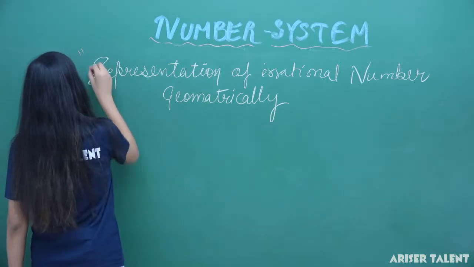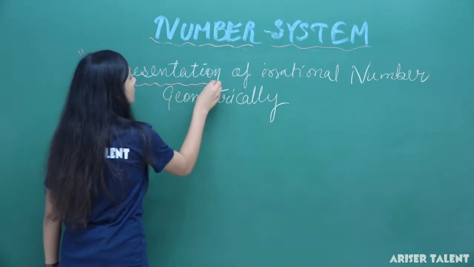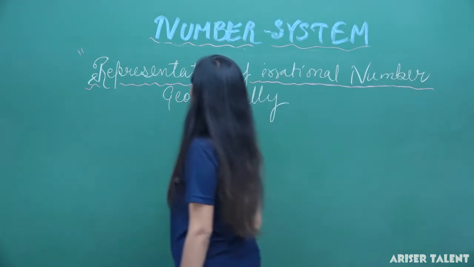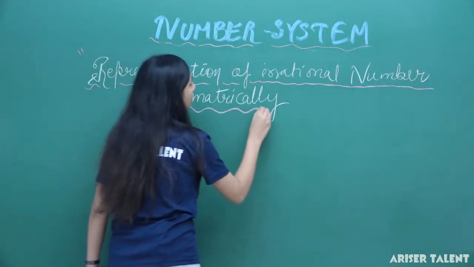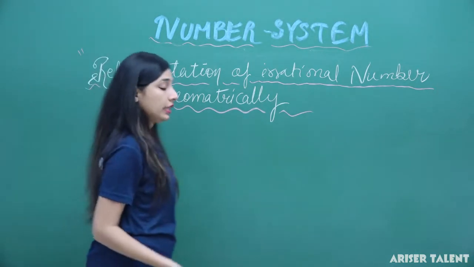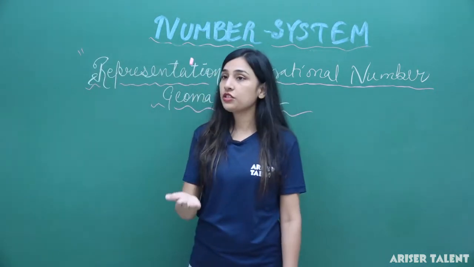Now we are going to study this. After that, we will move towards the questions part, the questions based on the identities of irrational numbers.